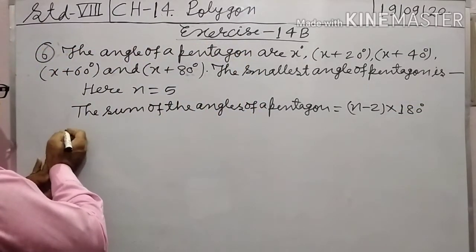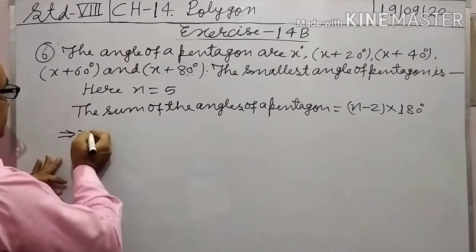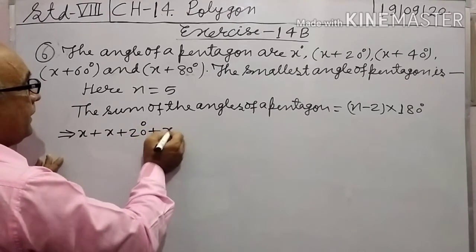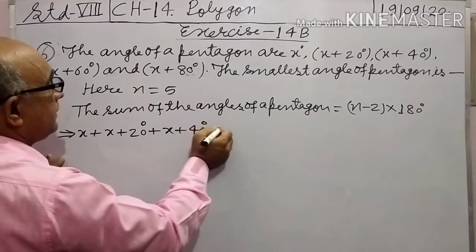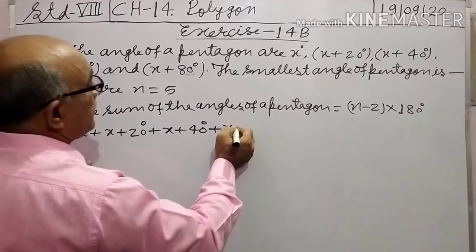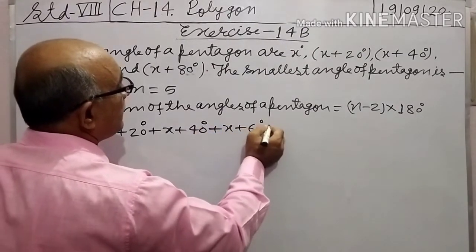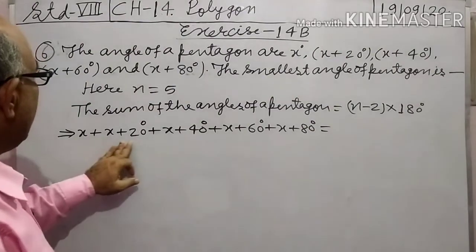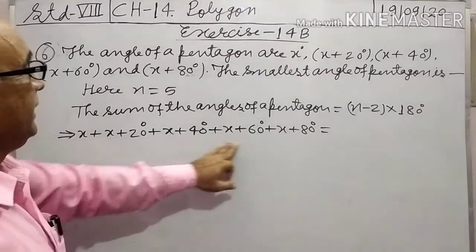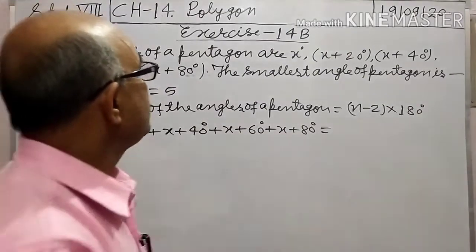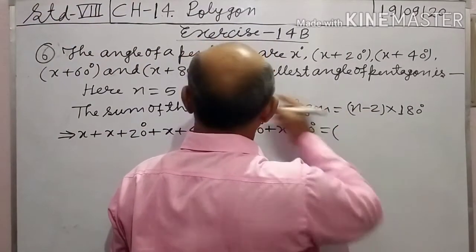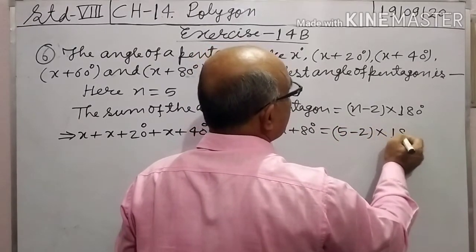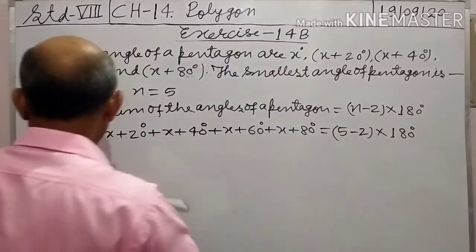That implies the sum of the angles, x plus 20 degree plus x plus 40 degree plus x plus 60 degree plus x plus 80 degree, equals 5 minus 2 into 180 degree.